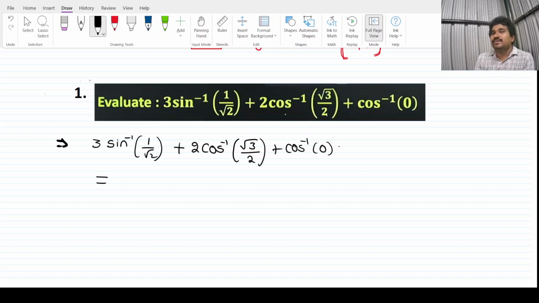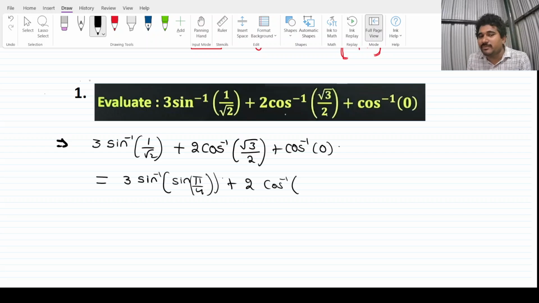Now see. 3 sine inverse 1 by root 2. It can be written in terms of sine only. So what will it be? Sine pi by 4. Very good. Plus 2 cos inverse root 3 by 2, which is cos pi by 6, plus cos inverse cos 0, which is pi by 2.